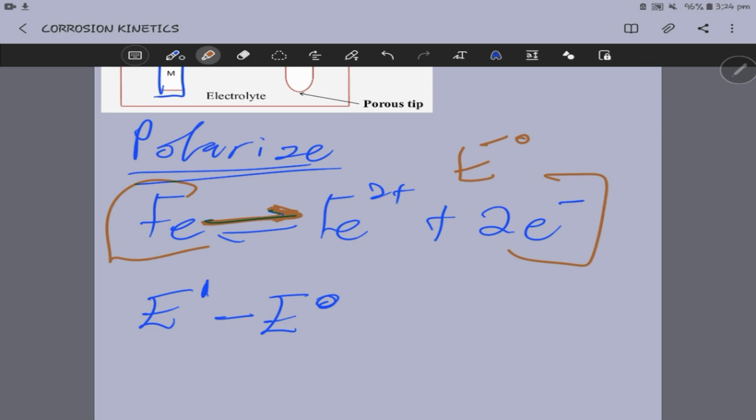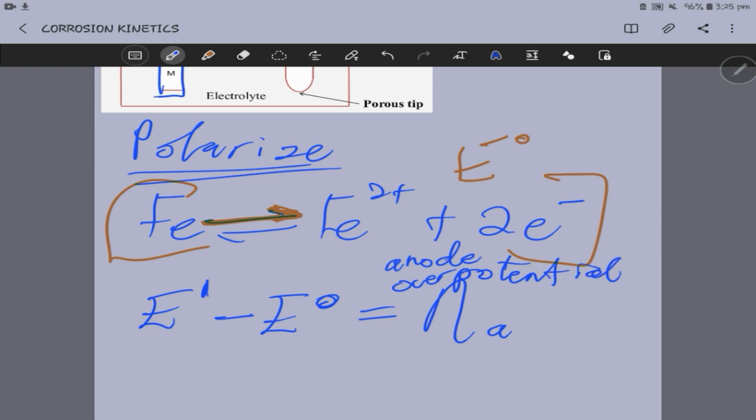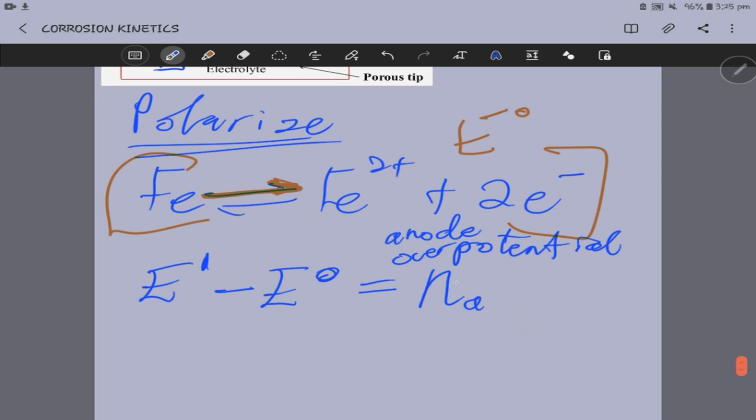So we apply a voltage source greater than the standard electrode potential, and we get an excess potential, which we call the anodic overpotential, written this way. That excess potential is what will drive the corrosion to occur.